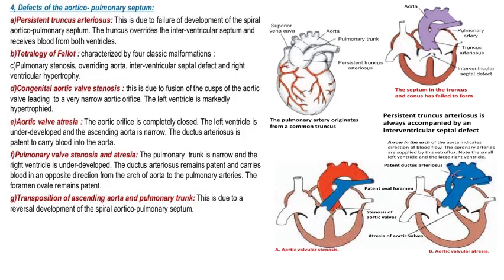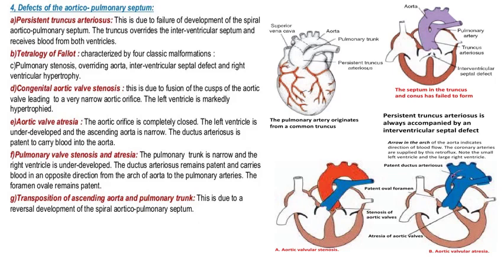Here you can see very clearly the persistent truncus arteriosus proximally, whereas distally it is divided into aorta and pulmonary trunk. But proximally it is not differentiated into the vestibule and the aortic part, the one which is opening into the left atrium, the aortic vestibule.